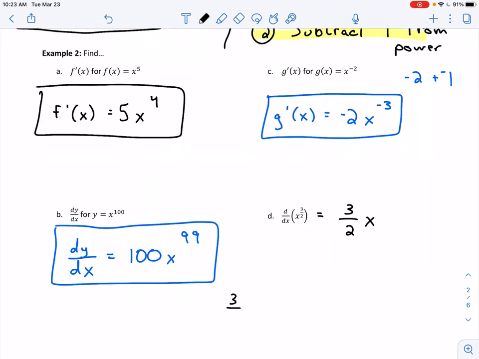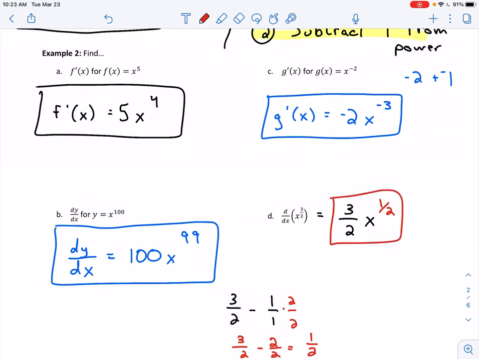I really want 3/2 minus 1, but that's 1 over 1. In order to subtract, I need a common denominator, so we'll multiply by 2 over 2. 3 over 2 minus 2 over 2 would give me a new power of 1 over 2. So that would be my new power here, 3/2 x to the 1 over 2 power, and there is my derivative.